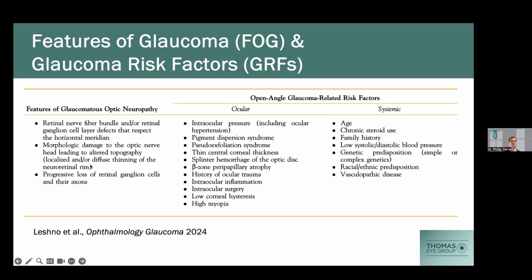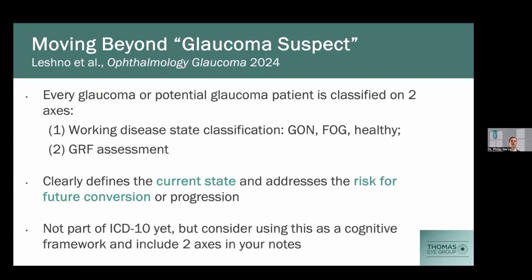You can talk about some morphologic finding you observe on exam, like localized thinning of the neuroretinal rim, notching, for example. Or you can say there's change over time with progressive loss of retinal ganglion cells or axons on OCT. And so that basically means that you classify every patient based on 2 axes.